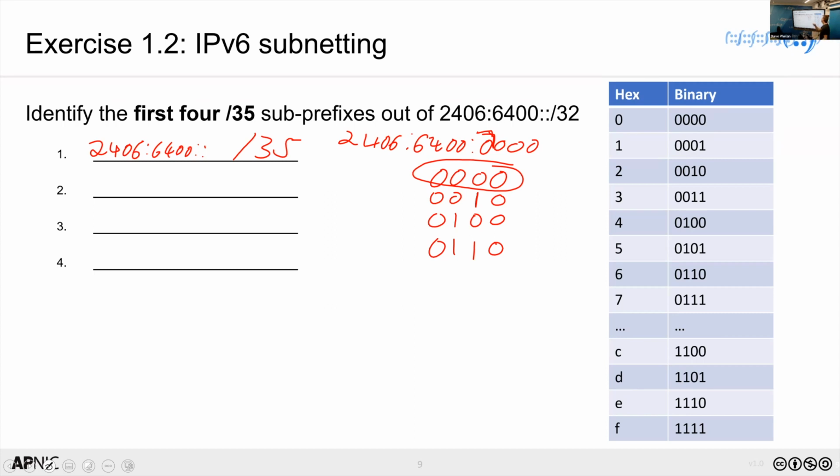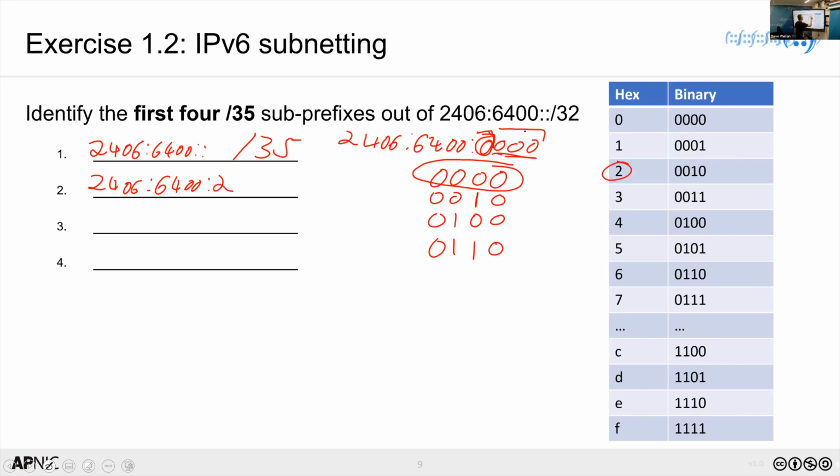Okay, so you've made the same mistake that I see a lot of people make. Don't forget, you've still got the rest of this hextet you have to take into account. So you've still got the other 3 zeros. So 2406, 6400. So my first nibble is going to be 10, which is 2.